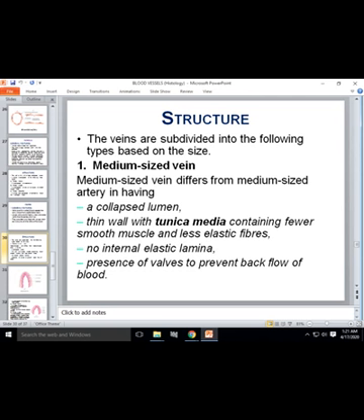Second is a thin wall, with the tunica media containing fewer smooth muscle and less elastic fibers. Third, there is no internal elastic lamina, and the fourth difference is the presence of valves to prevent backflow of blood.